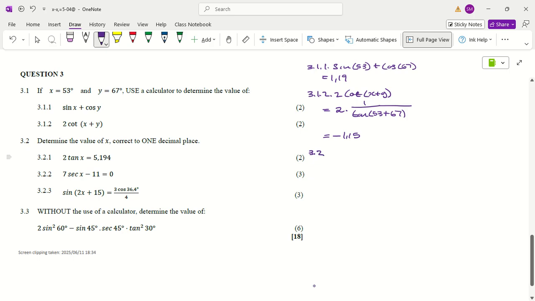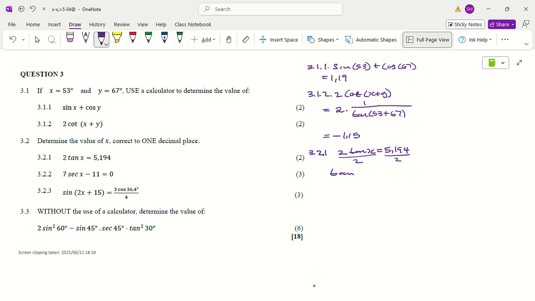So 3.2, it says that we must determine the value of x correct to 1 decimal place. Now if you see x is the angle here. So when we are looking for angles, we must press shift. So very simple here. If we have 3.2.1, 2 tan x is equal to 5,194. What we are going to do, we are going to divide by 2 first. Divide by 2.